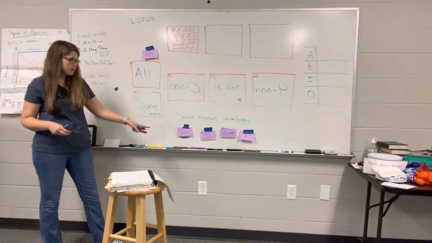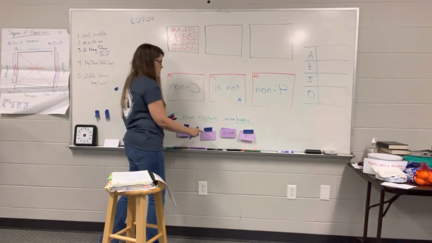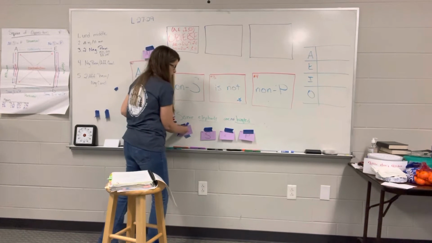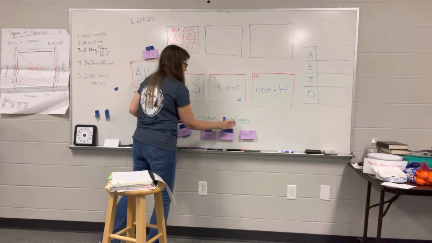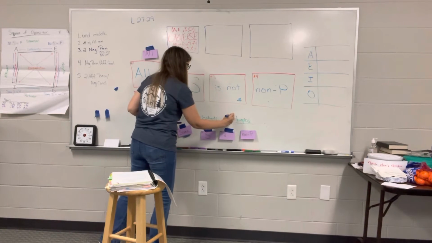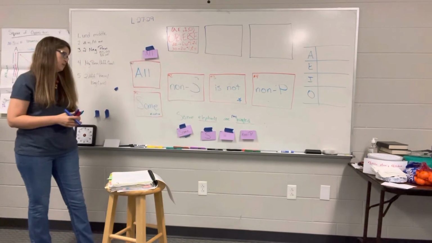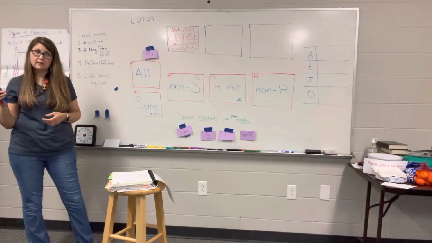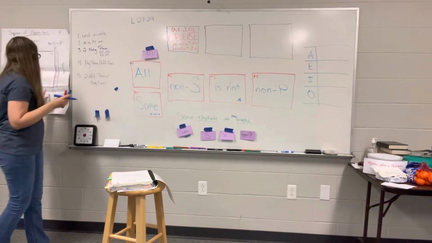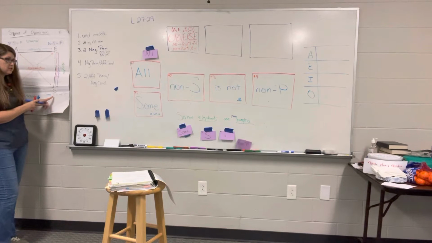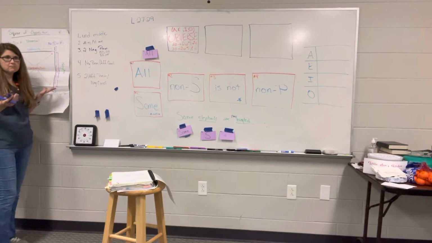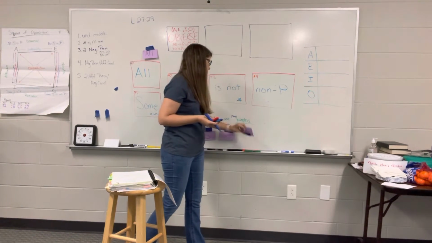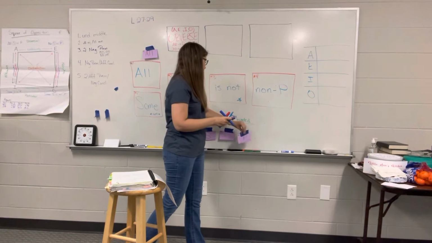We flip this one over to regular some, and this goes to non-P. So we get some elephants are non-hunted. Now that one makes a little more sense, right? It went from some S is not P, some elephants are not hunted, to some elephants are non-hunted. That one stayed about the same. So that's an obverse.